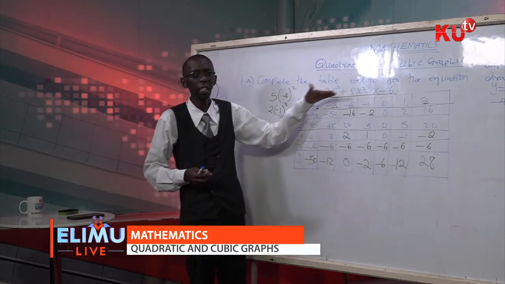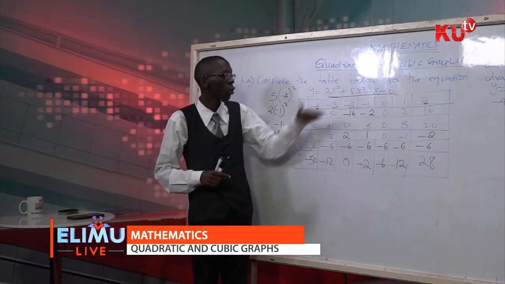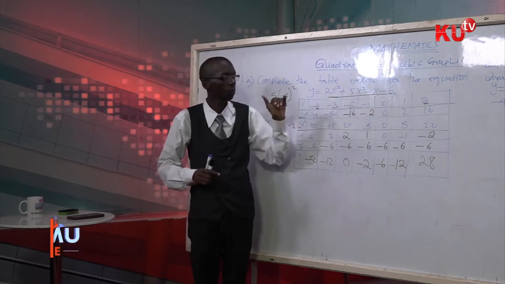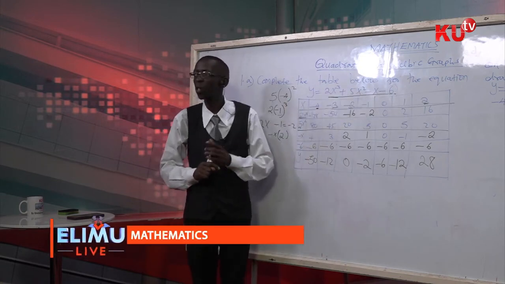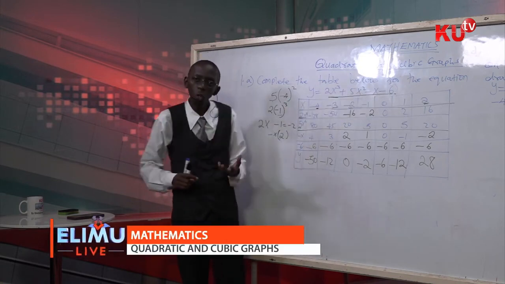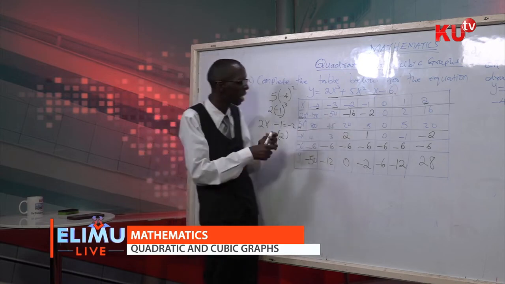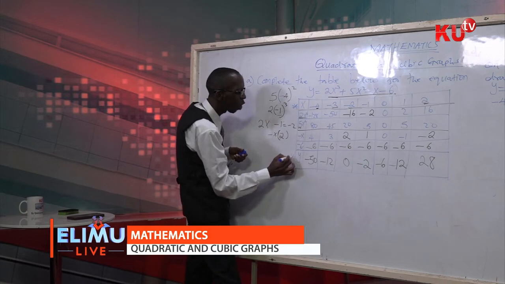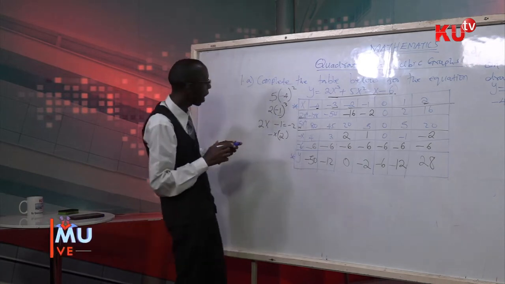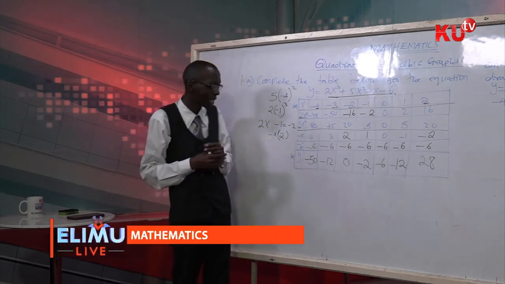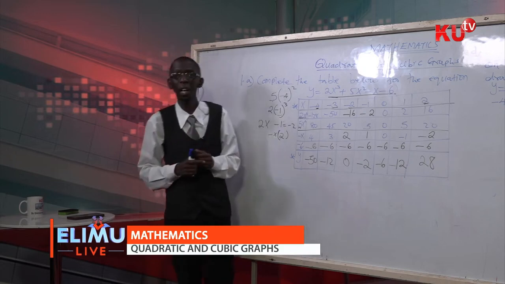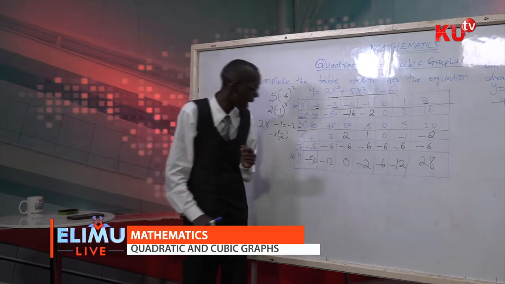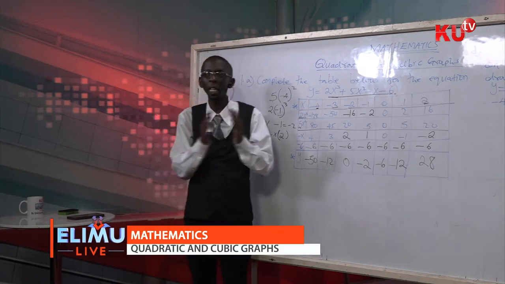So now you have already filled in the table and gotten the values of y. So you are going to plot the graph using the values of x and y that we have.